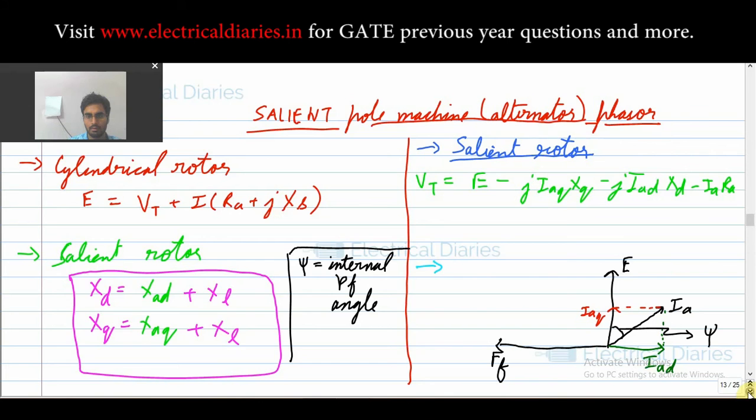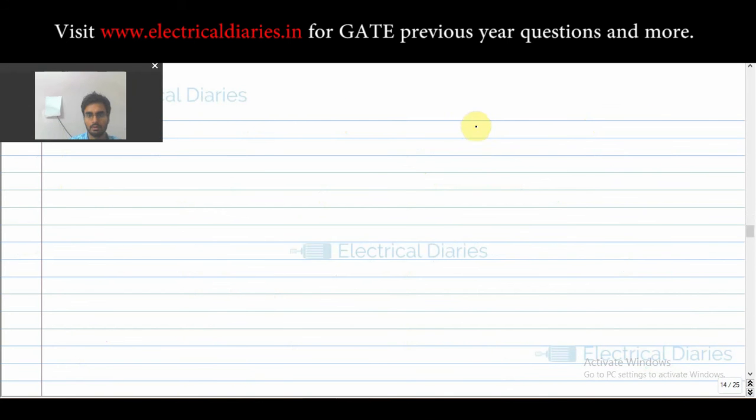Just to clear this concept, if this was your equation, V is equal to E plus IA RA plus jIA XS, and we have to draw the phasor, I will take E as a reference, because on E I will add these terms and I will get V. I assume that IA is lagging.